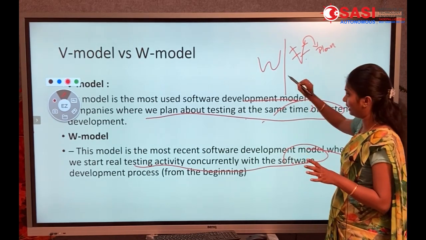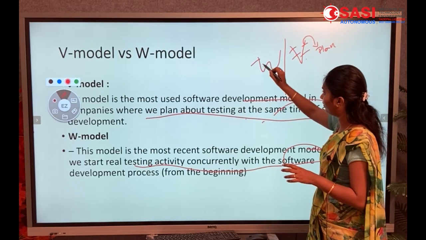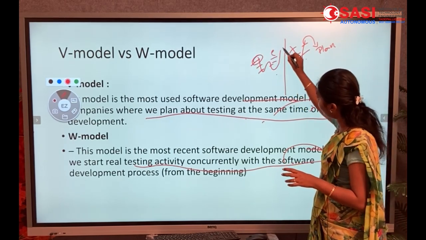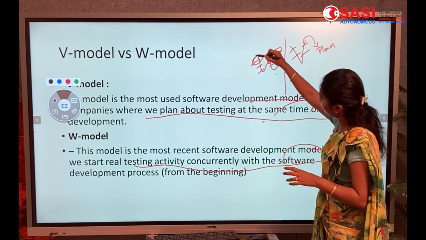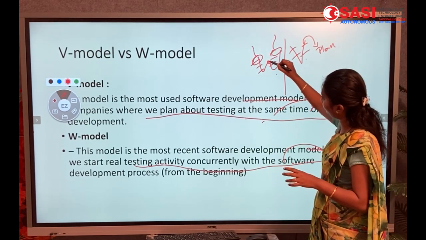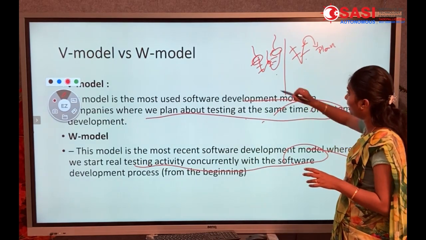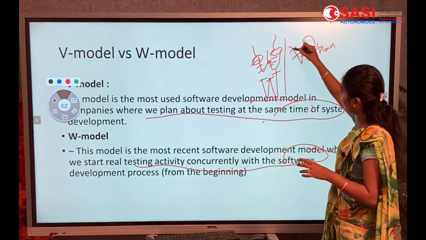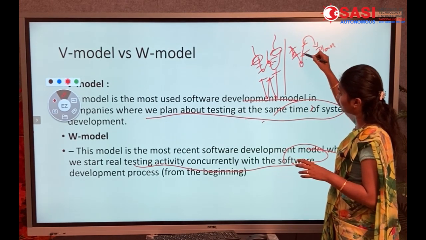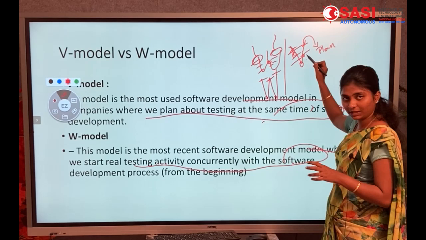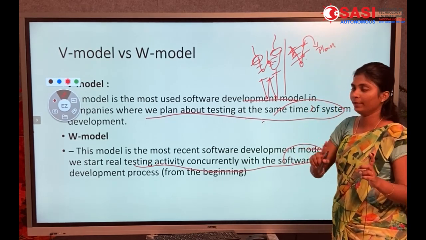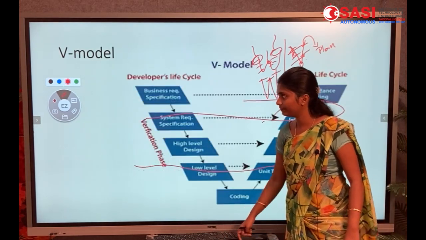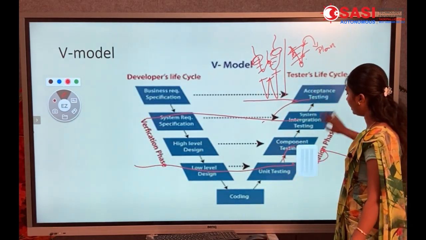But in the W model, each and every activity starts from the starting phase only. Here we start from the first phase, here from the first phase, here from the first. Each form starts from the first phase. Whether it goes through the middle or a lower phase, we don't know, but each and every activity is done at the same time. So they are totally different software development models. This is a small example of the V model.